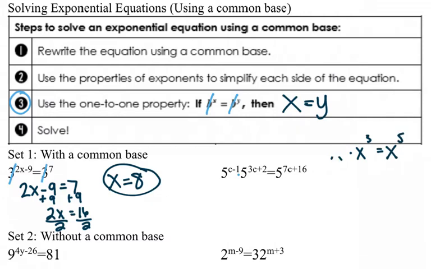So we're going to use that exact same rule. Notice over here, these two are being multiplied, so I'm going to combine them by adding the exponents. So c plus 3c is 4c. And negative 1 plus 2 is plus 1.